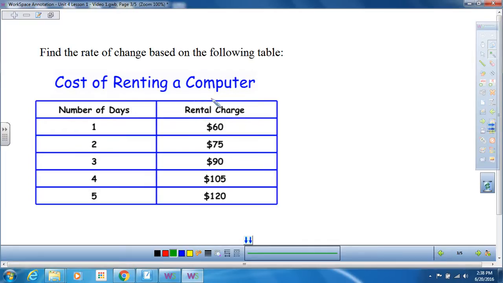So this is your dependent. This is your independent. Independent ends up being your x variable, and your dependent ends up being your y variable.